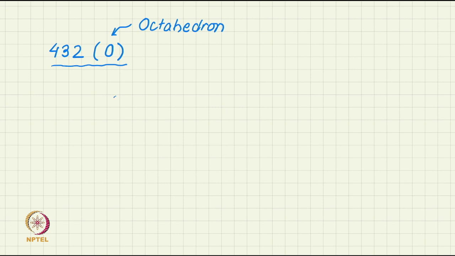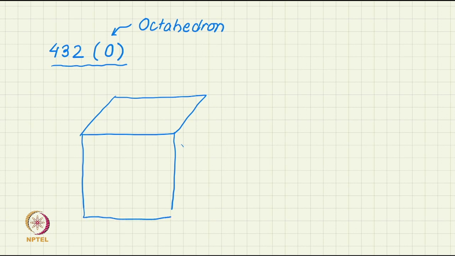So, this is simply all the rotational symmetry of the cube. So, what are all the rotational symmetries of the cube? Let us look at that. So, we start with our cube.